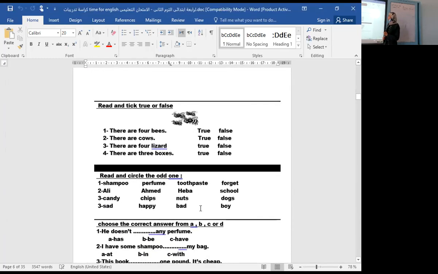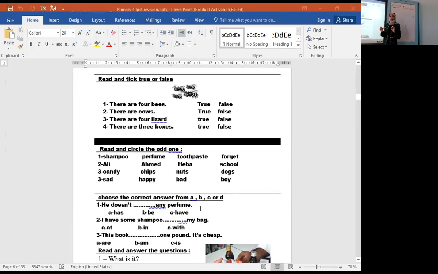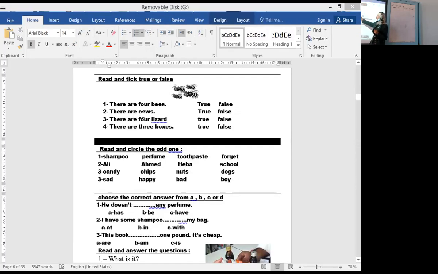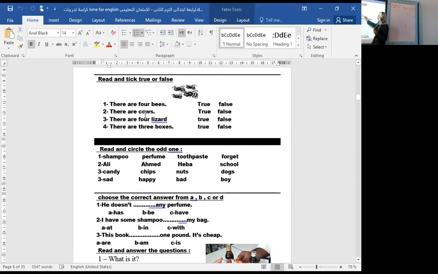Read and circle true or false. We have to read the sentence, and then we have to put a circle on whether this sentence is true or false. First one, there are 4 bees. How many? Let's count. 1, 2, 3, and 4. So there are 4 bees. So the sentence is true.